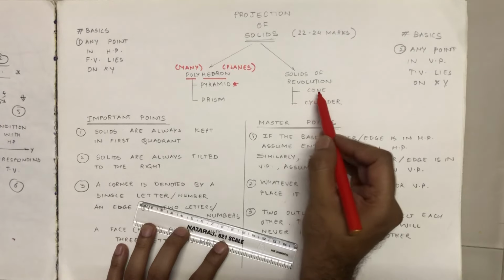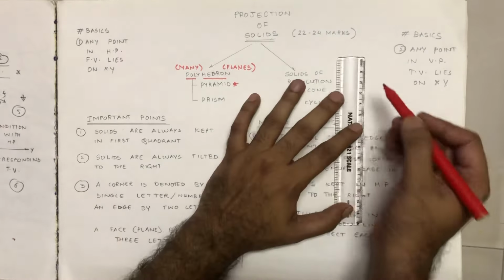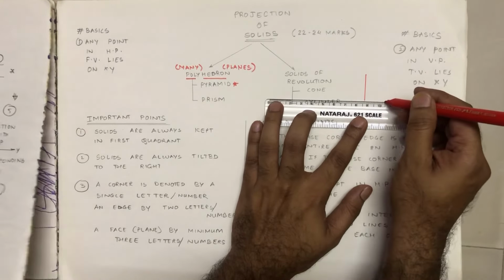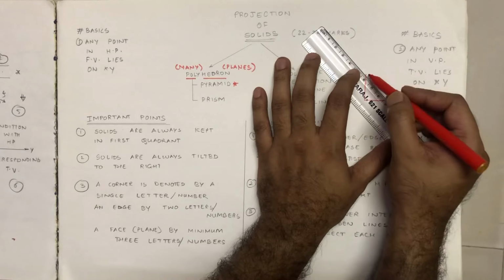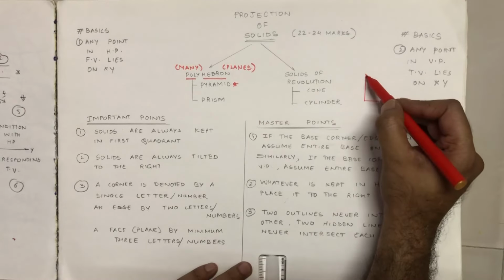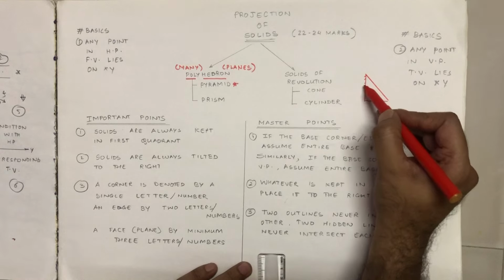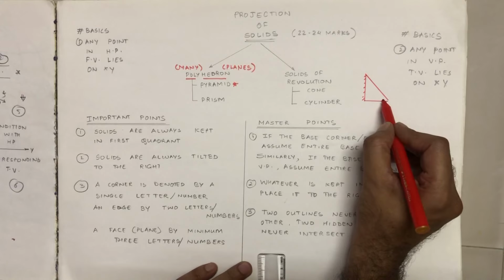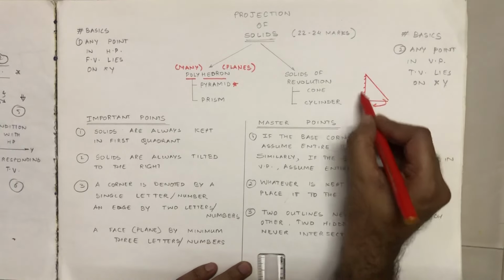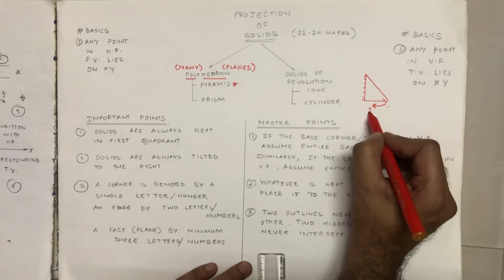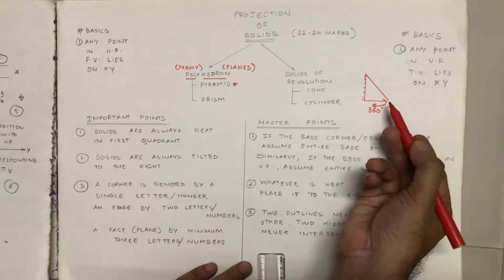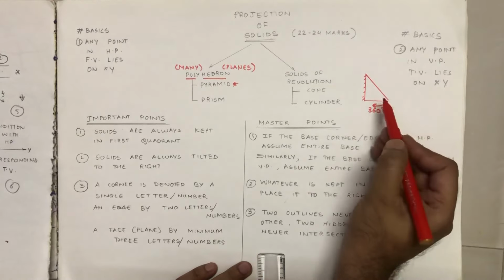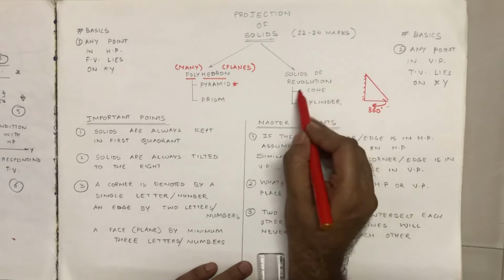If I take a triangle, fix one edge, and revolve this entire triangle by 360 degrees, this triangle would encompass a volume. That volume would be in the shape of a cone.